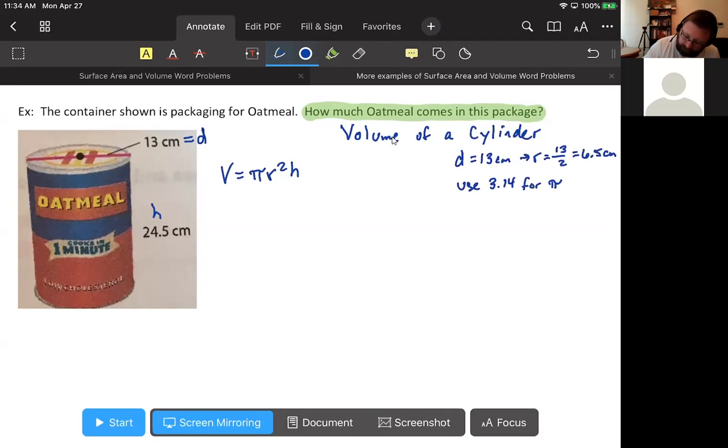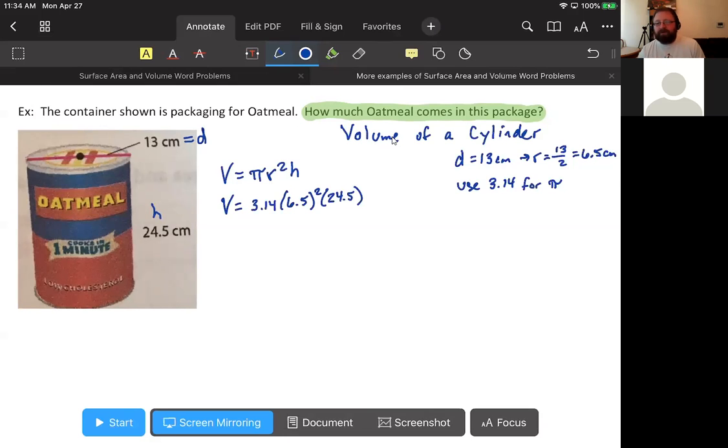So we're going to plug all those in. So we have 3.14 times 6.5 squared times 24.5. And we're just going to feed that to our calculator. 3.14 times 6.5 squared times 24.5.